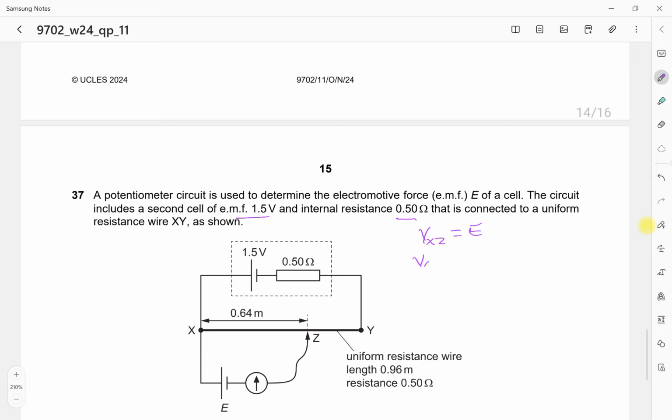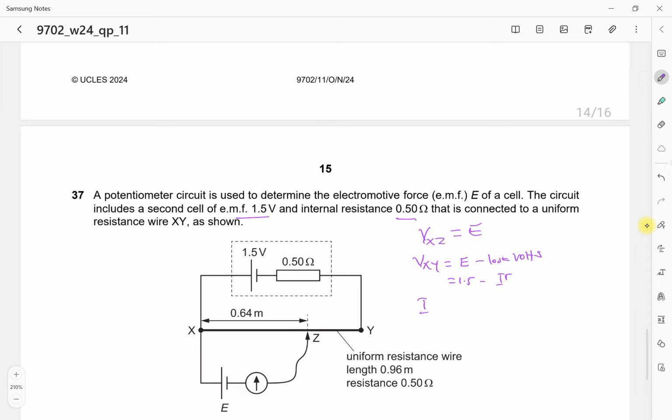The PD across XY is going to be equal to the EMF minus the lost volts, which is 1.5 minus the current times the internal resistance. So let's first find the current.